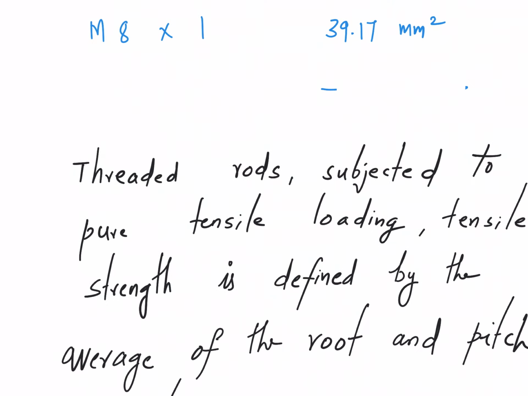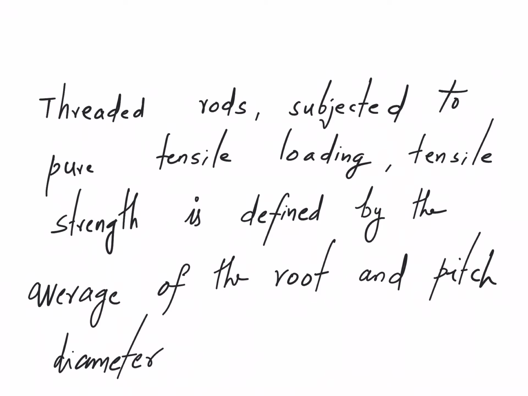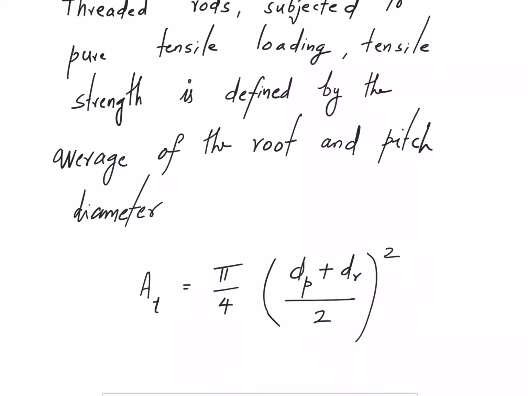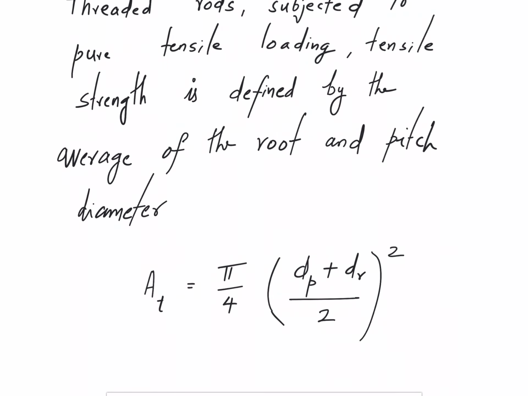In case you have forgotten what is tensile stress area, when threaded rods are subjected to pure tensile loading, tensile strength is defined by the average of the root and the pitch diameter as shown over here. So this is the mean or the average of the root and the pitch diameter.